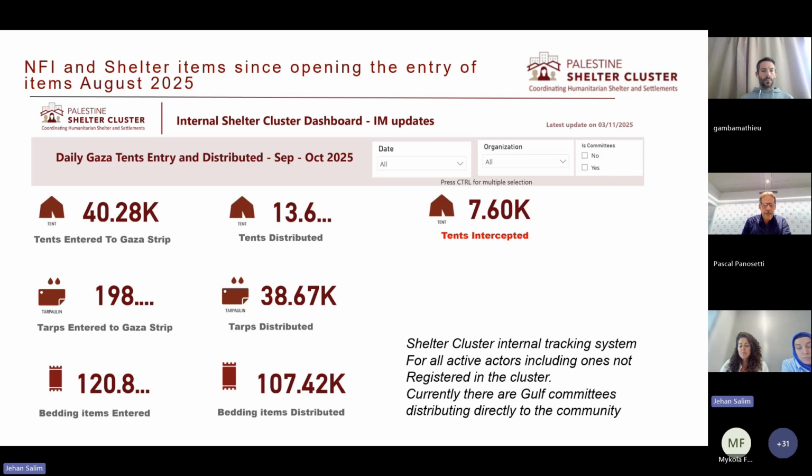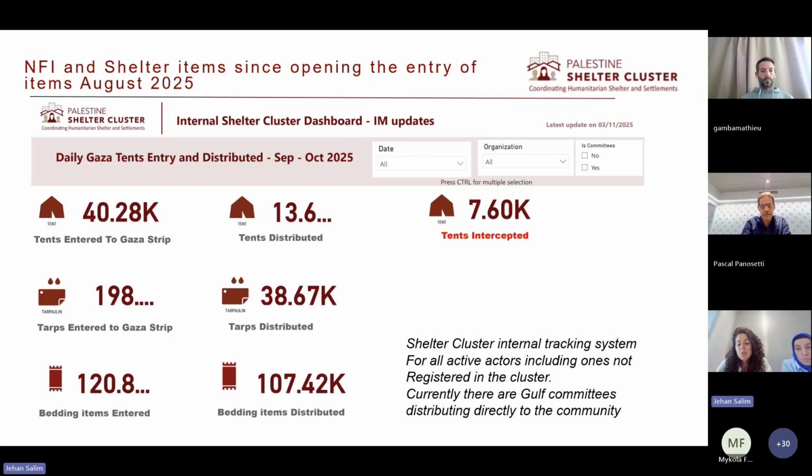Just to make the message clear, because there's always communication that tents are entering, but they're not really winterization tents. They're summer tents. But it's hard to track how many have been distributed. So the numbers here show the tents entered, tents distributed by shelter cluster partners, and tents intercepted.